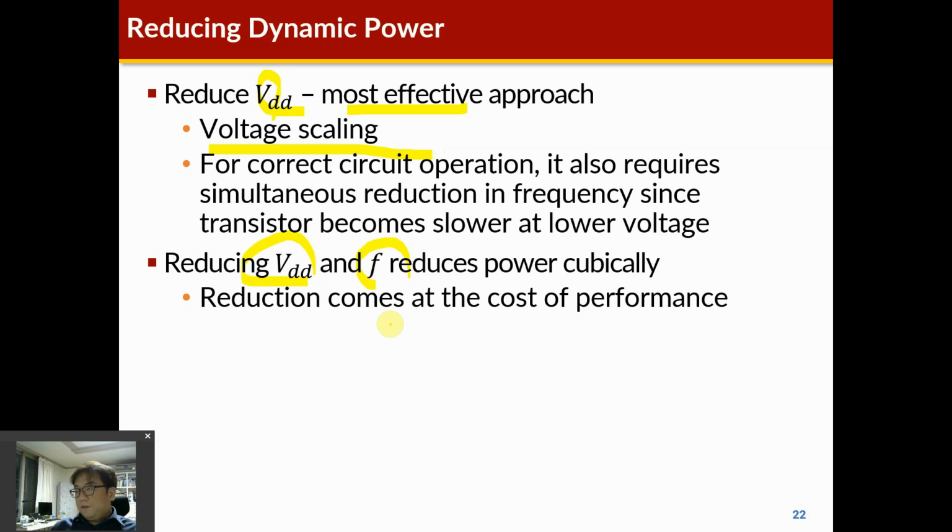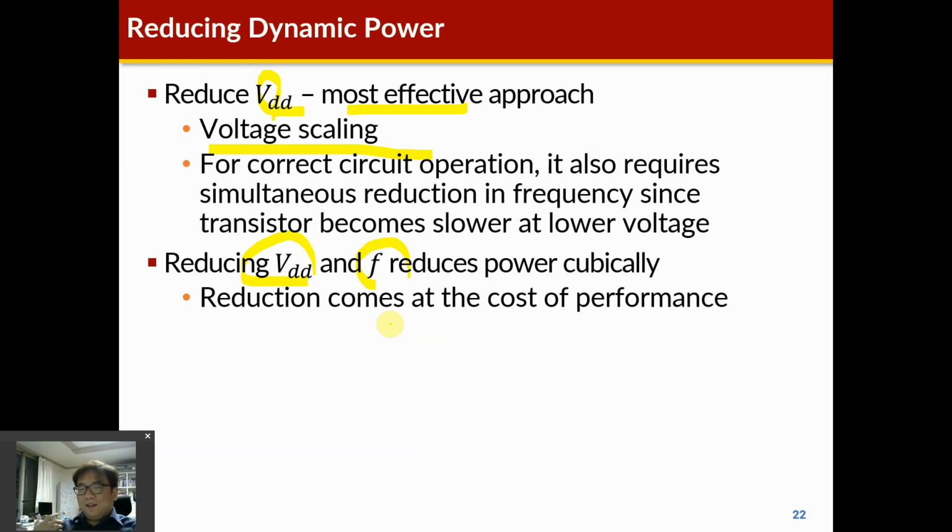But this F, the clock frequency, is directly related to the performance of a computer processor. So power consumption is related to the supply voltage and the frequency, and the performance of the computer system is inversely proportional actually.